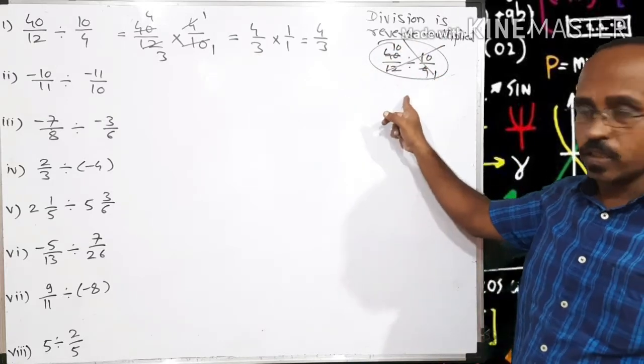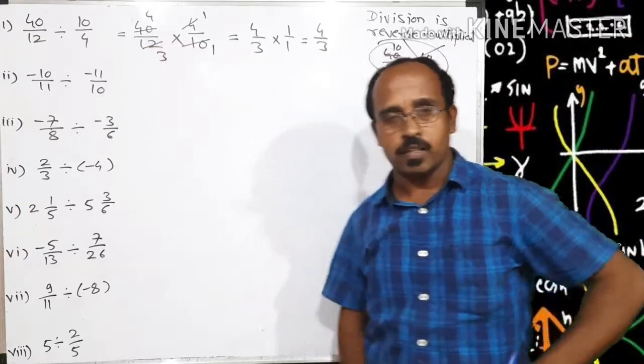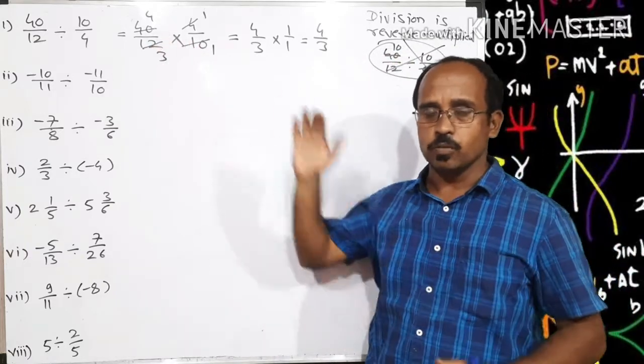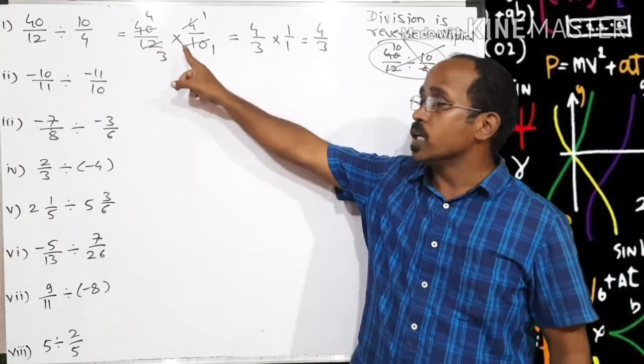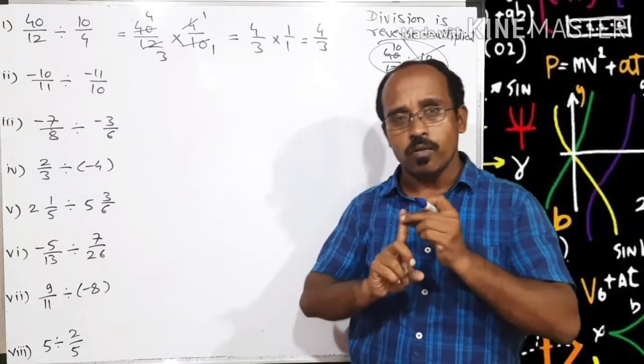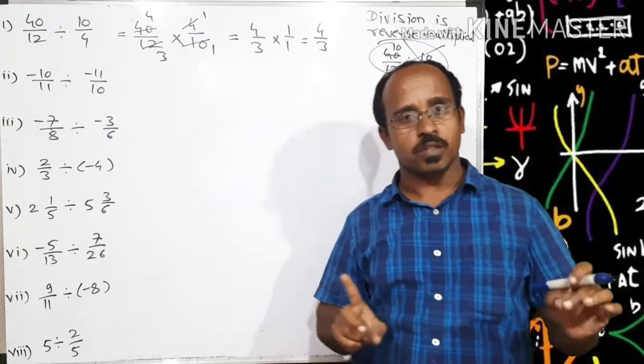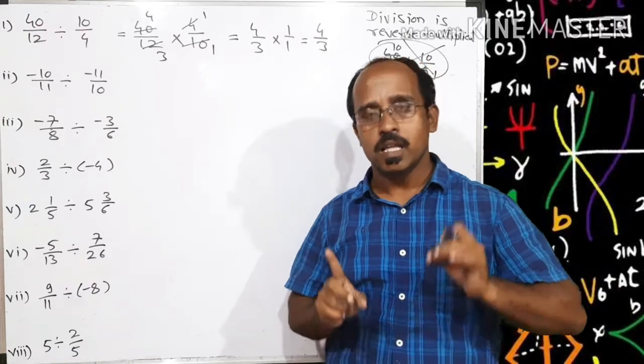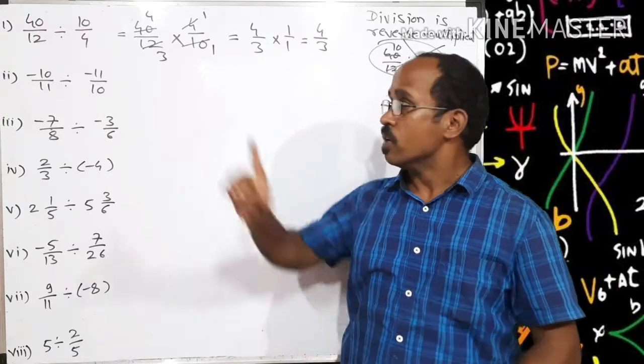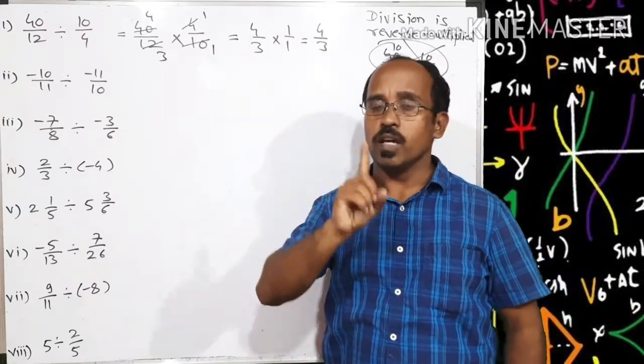Never follow this practice. We can eliminate the factors, or factorize numerator and denominator, only while multiplying, not while addition, not while subtraction, not while division. We can eliminate the factors only while multiplication.